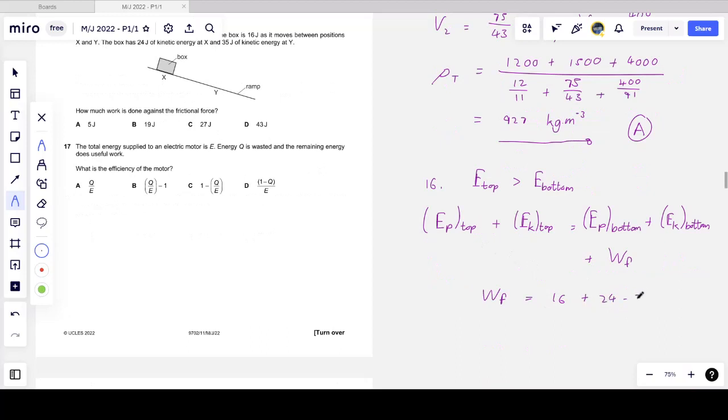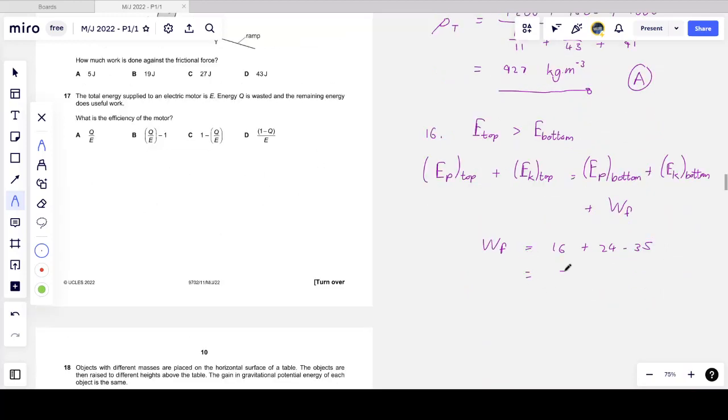If I do the calculation, the work done against friction is 5 joules. So I've lost 5 joules of energy, most likely to heat, because of the work being done against friction. And so this corresponds to option A.